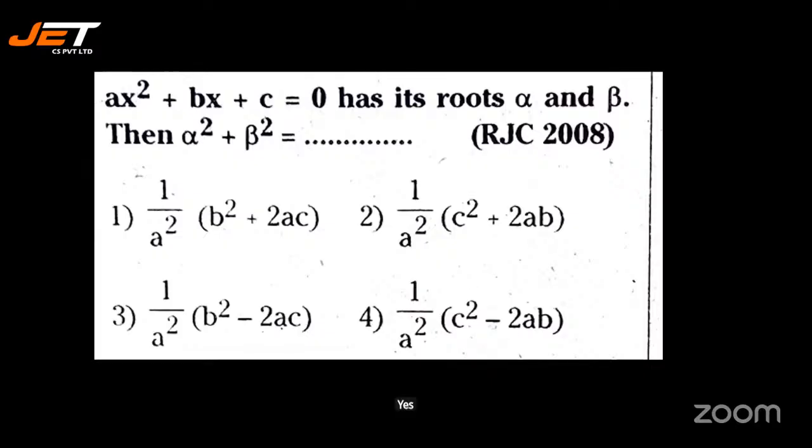Yes, let's see the answers that are pouring in. I have Zara, who says option 3. Then I have Abdul, who says third option.